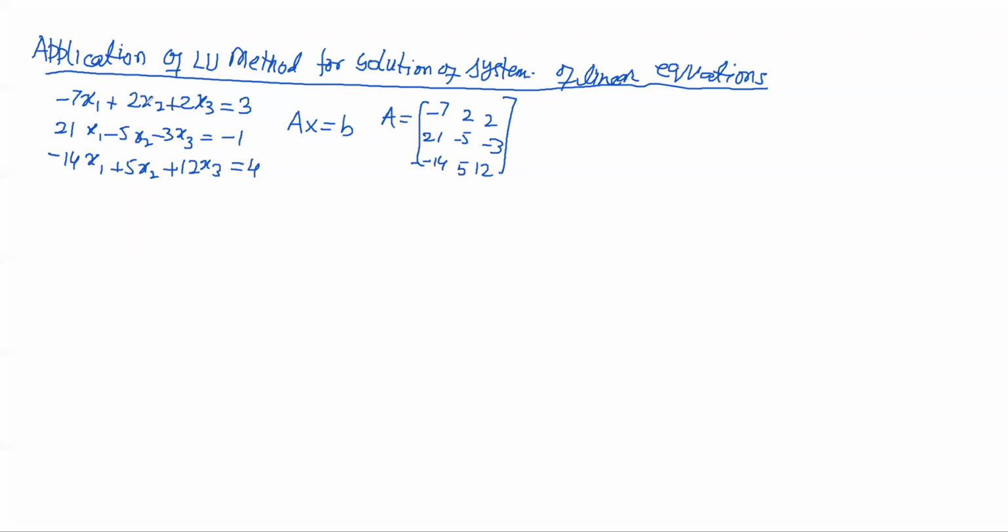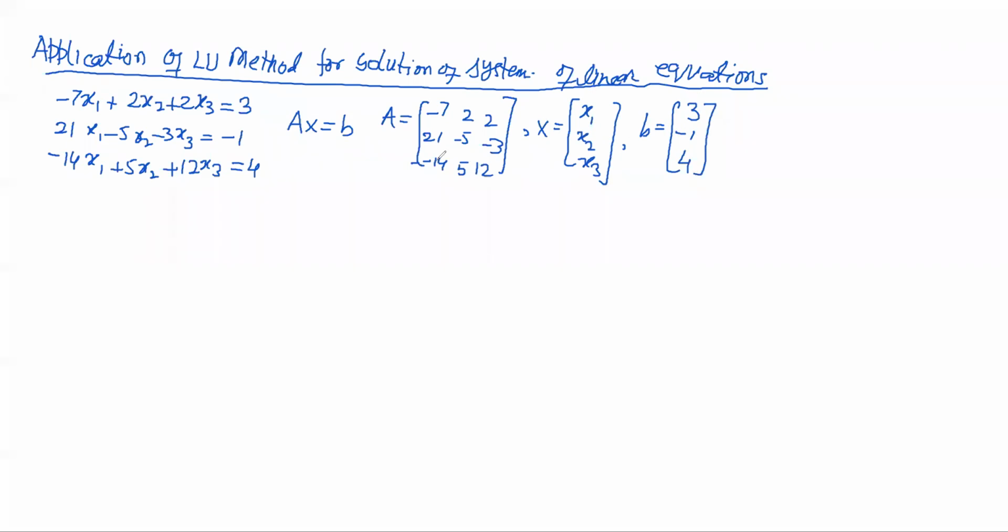And where x is the vector x1, x2, x3, and b is the vector 3, minus 1, and 4.